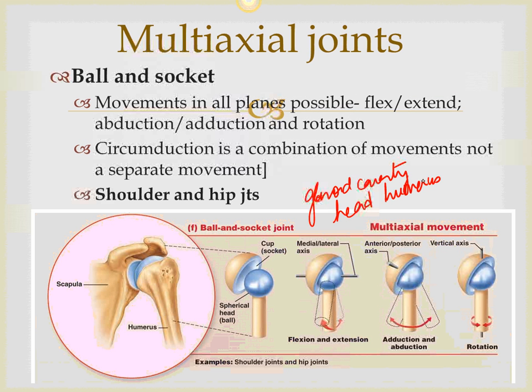So that's why the shoulder is also called the glenohumeral joint, because of the glenoid cavity of the scapula and the head of the humerus. So that's the shoulder joint.